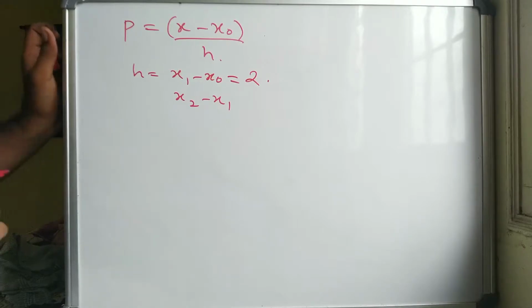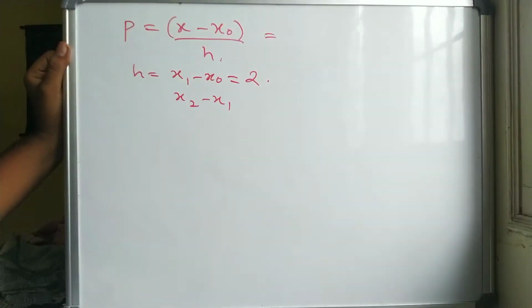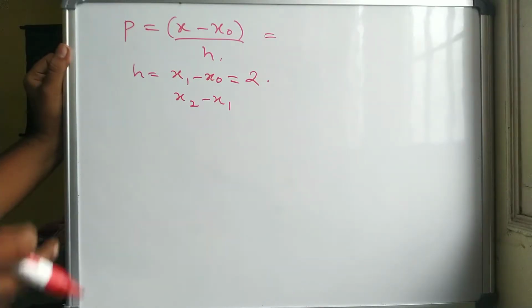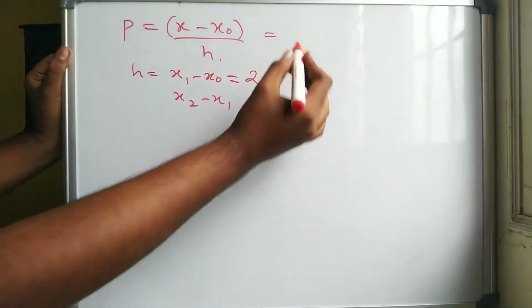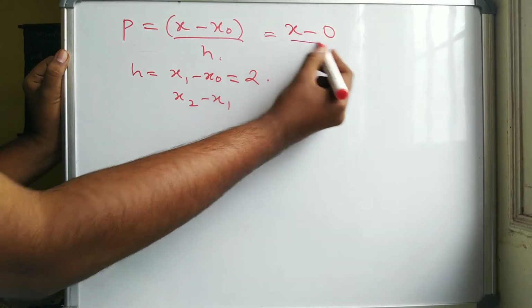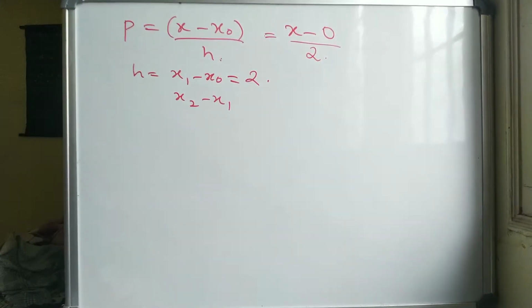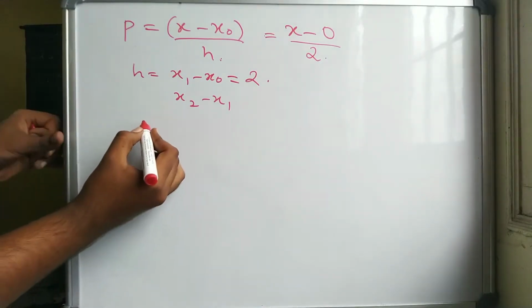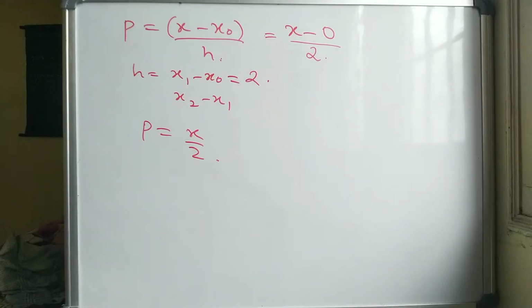Now just substitute here. The x value we don't know; it is not asked in the question. We have to find the quadratic polynomial, so it is not given. So x minus x0 is x minus 0, by h, which is 2. So our p value will be x by 2. Now we have to substitute in the formula.